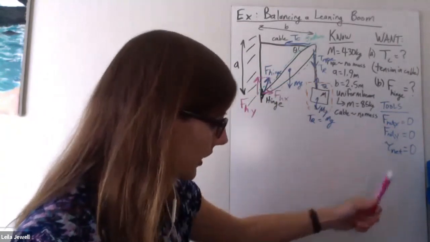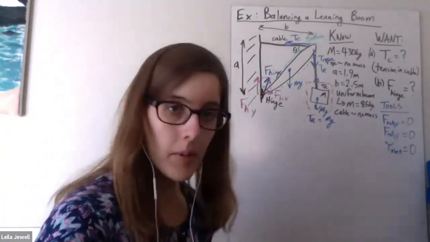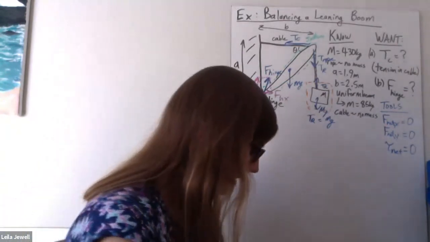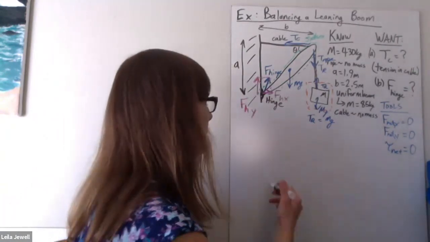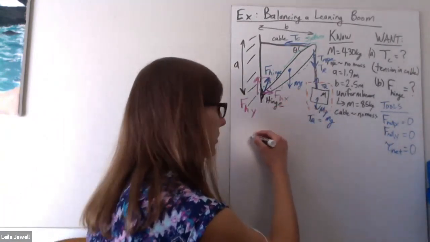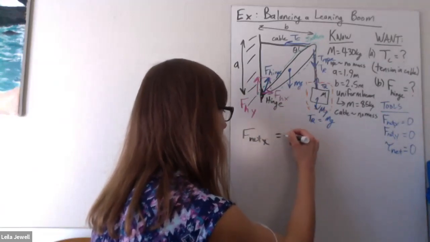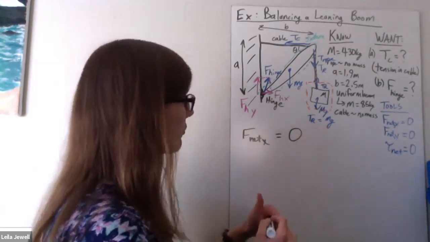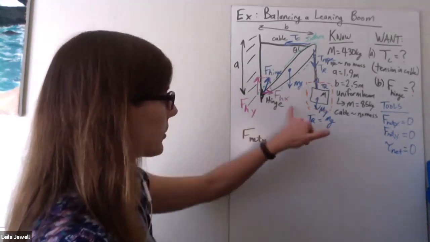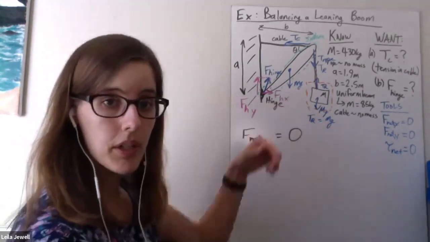And I'm gonna, on that note, go to Newton's second law because it's a great place to start. Really simple equations once you have everything in X and Y components. So F net in the X direction must be equal to 0. So what are the forces in the X direction? Well, we have the horizontal hinge force that's in the positive X direction.